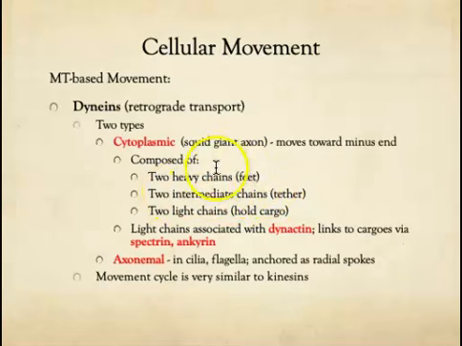So some of the words sound the same, but they refer to different structures in a dynein. It's so unfortunate. The heavy chain terminology is used to describe the feet. The light chains are what's holding the cargo, so at least that's the same. And the intermediate chains are that middle tether, what we called heavy chains in a kinesin.